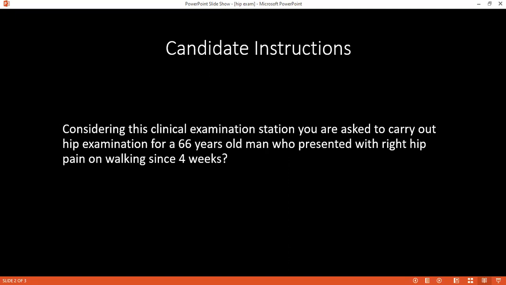I just want to say that in the station note, it's written that the patient will have osteoarthritis.